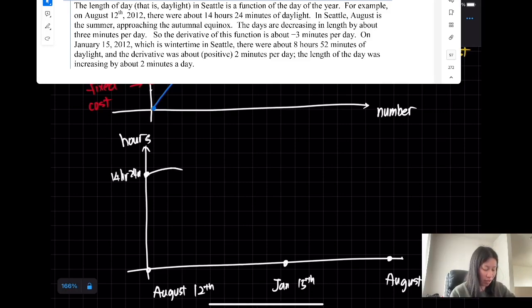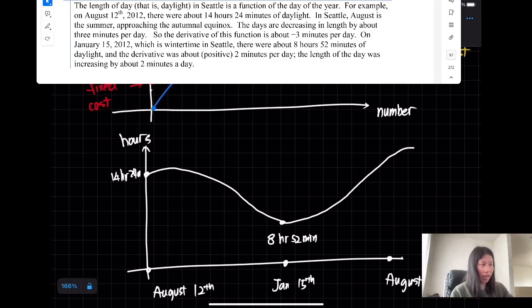And then as the time goes by, you decrease to the amount of what? 8 hours and 52 minutes on January the 15th. And then after you pass January 15th, you're going back up because you're increasing the daylight time. Well, when you're taking the derivative of this change before January the 15th, your change is going to be what?